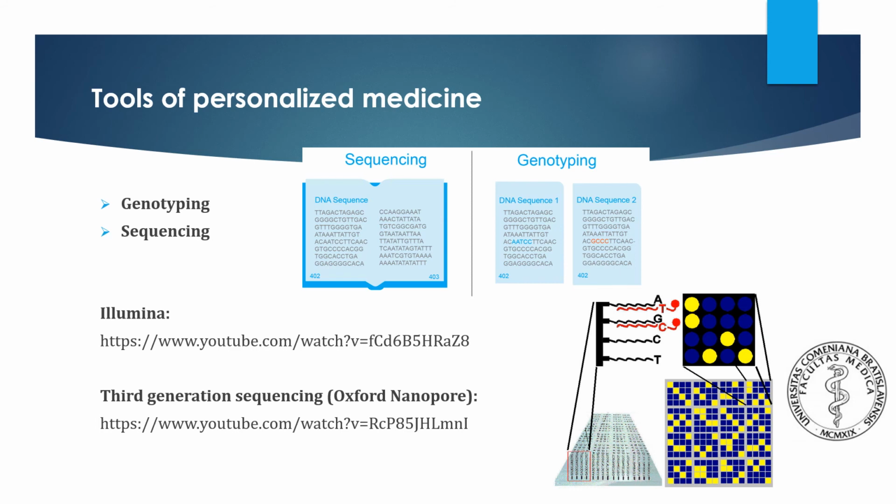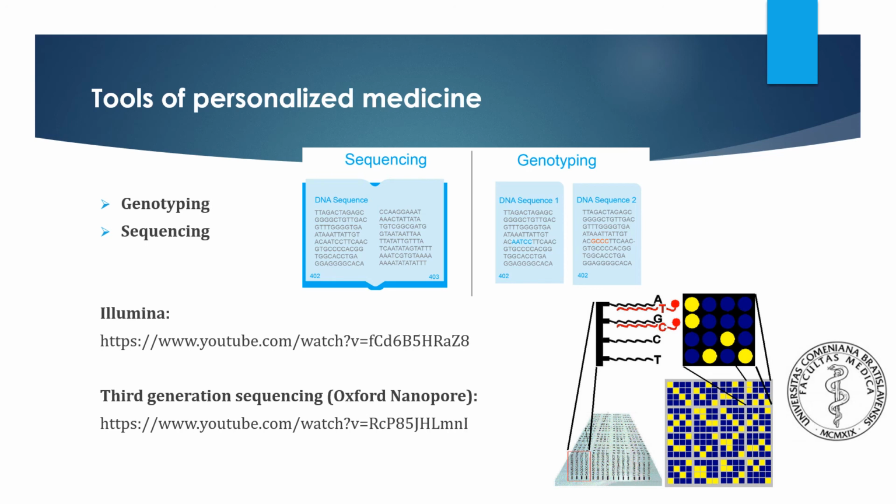When it comes to sequencing, I would not go into details since it was part of your lectures, but here you have some interesting links for Illumina sequencing, which is the standard nowadays, and of course third generation sequencing, which is also called nanopore sequencing, where the main difference lies in that one particular sequence of a genome is sequenced directly without PCR amplification of fragments and creating those libraries.